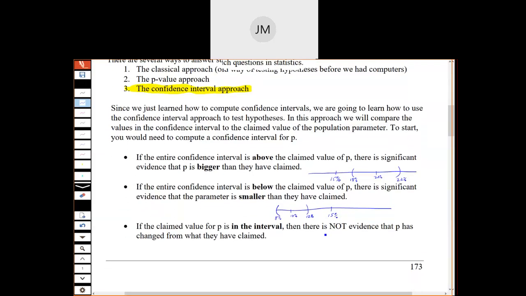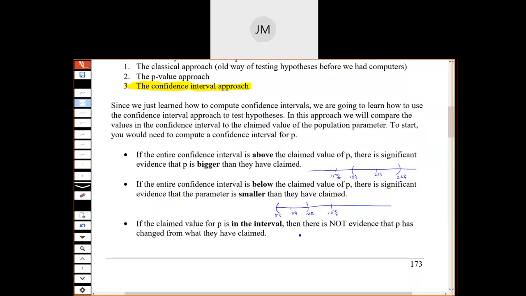Now, what happens if the claimed value is inside the interval? What happens if somebody says, I think 15% of the population smokes, you take a sample, and in your sample it's 20%, but you have a very big margin of error, so your confidence interval goes from, say, 13% to 27%? Okay, so I can see that the claimed p is right inside.